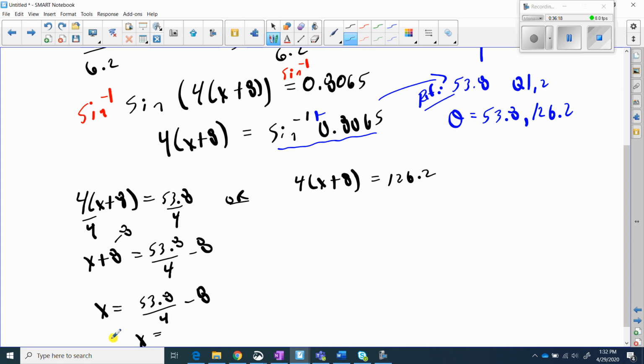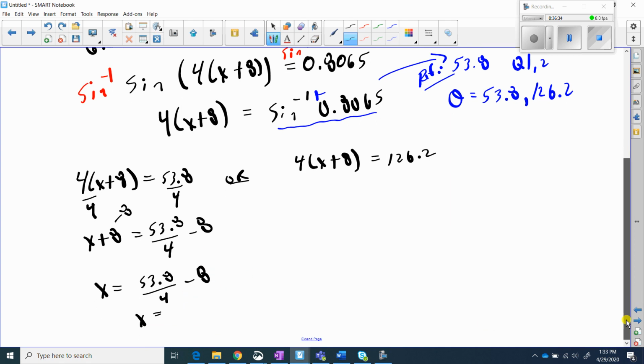So 53.8, divide that by 4, and then subtract 8. 5.45. So one possible answer is 5.45.